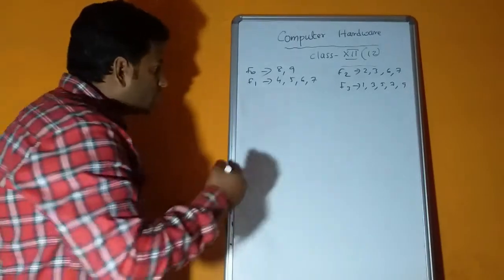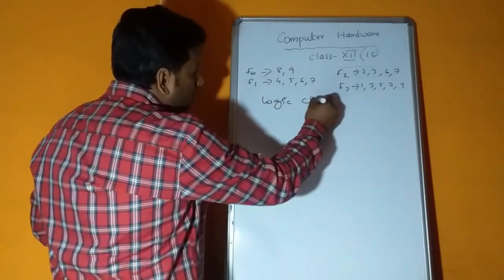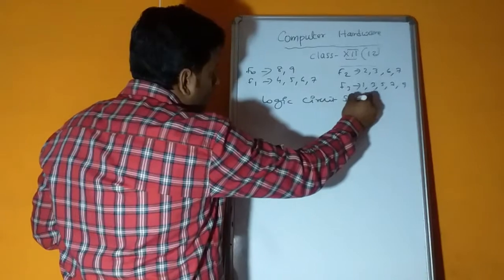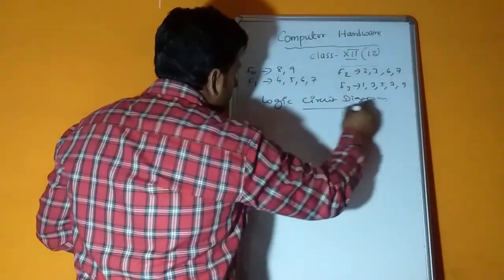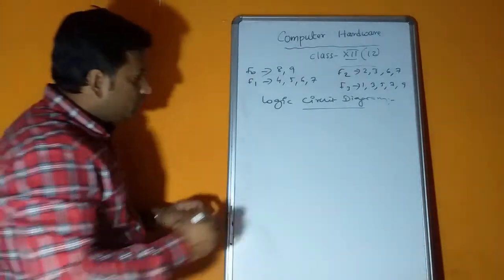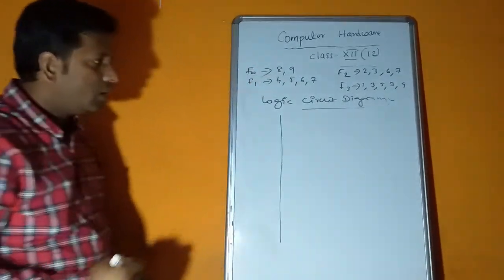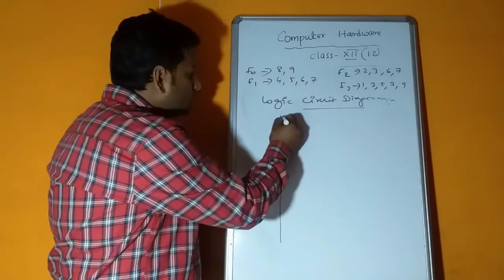So see here, for the logic circuit diagram, we have the Boolean expressions. We'll make a straight line over here like this and we'll give the numbering also.